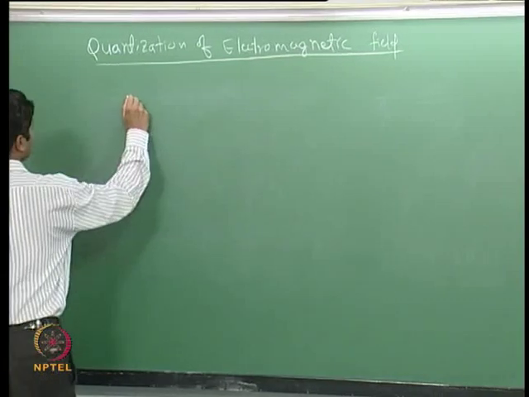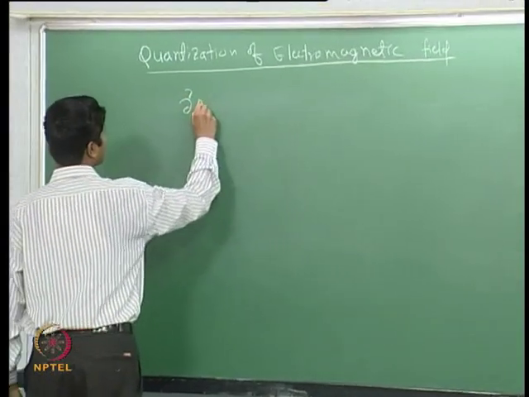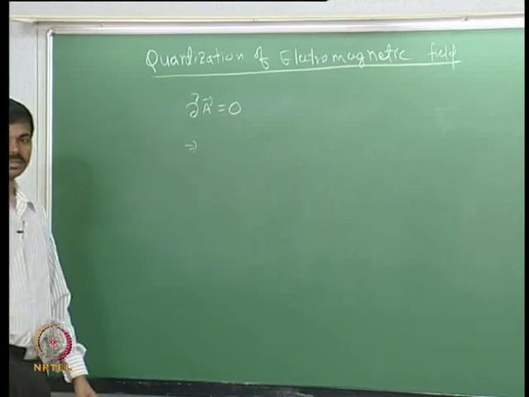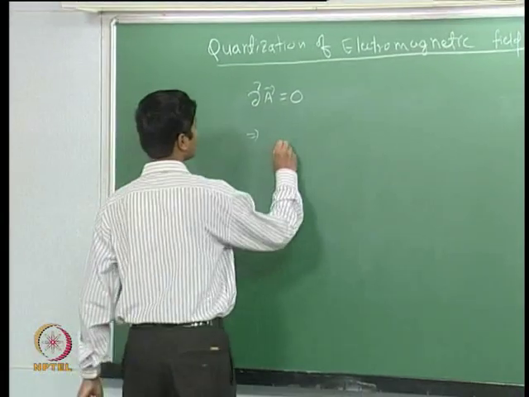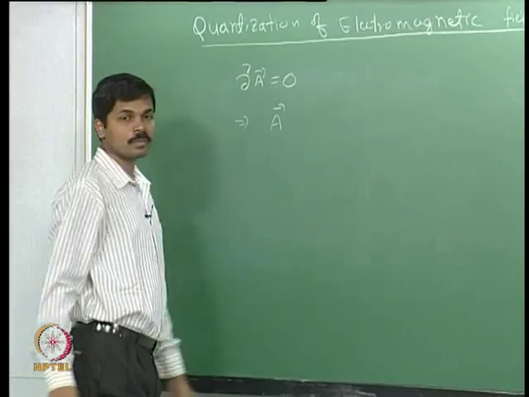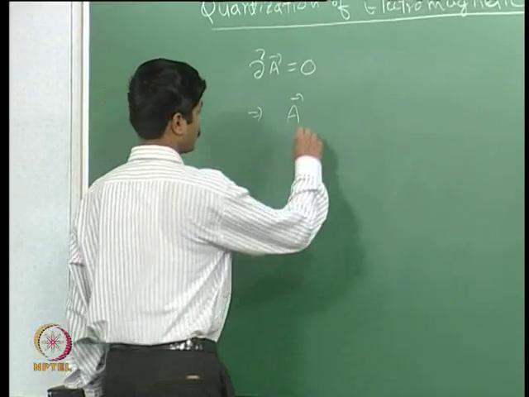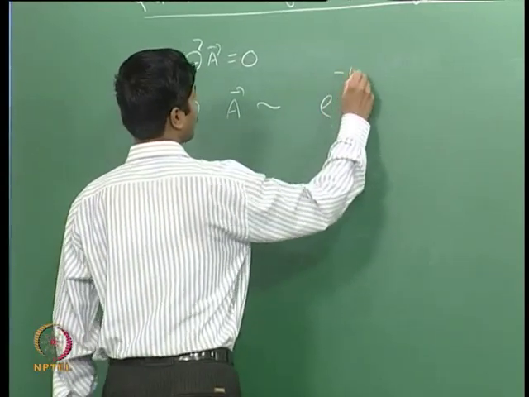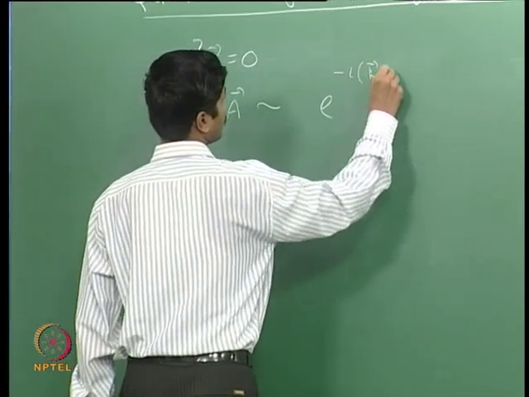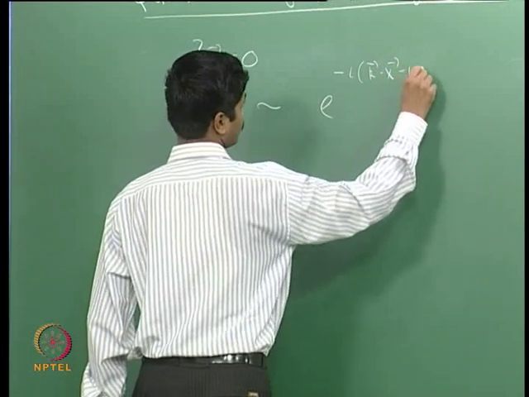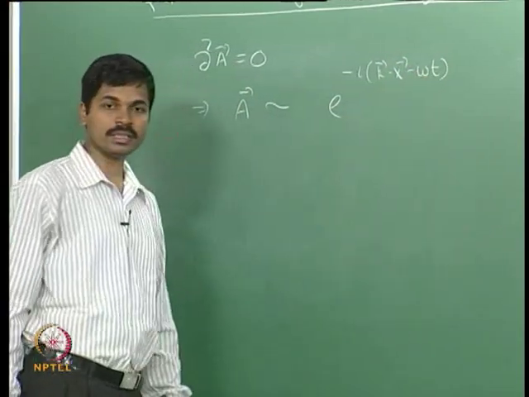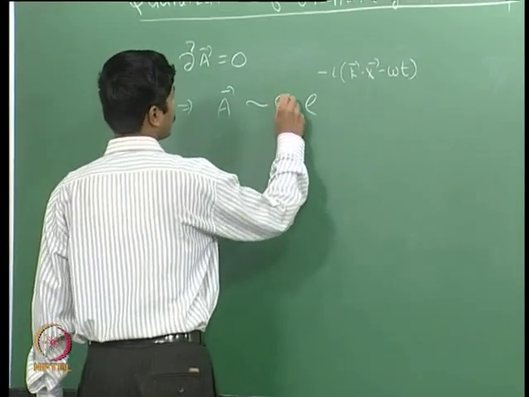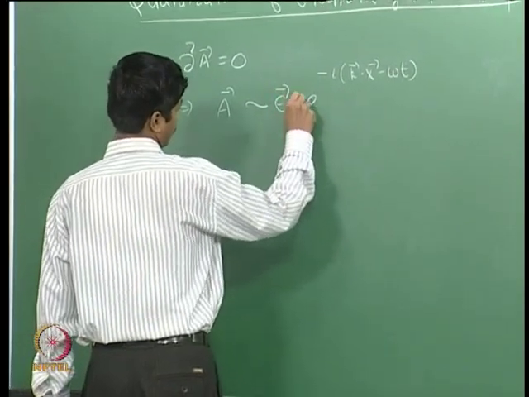See what is the implication of that. This equation for A means that you will have a plane wave like solution which goes like e to the power minus i (k dot x minus omega t). The amplitude here will be some vector epsilon of k.